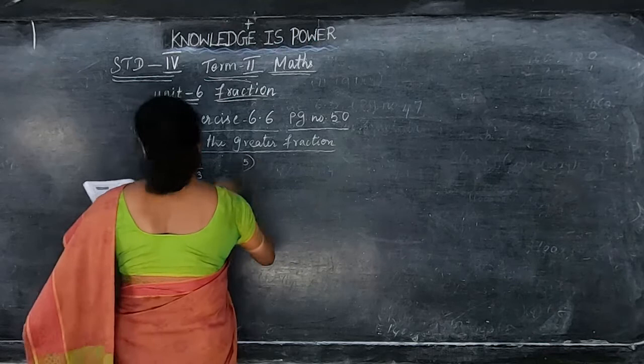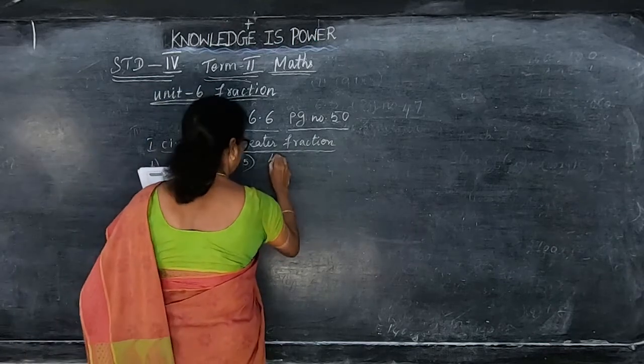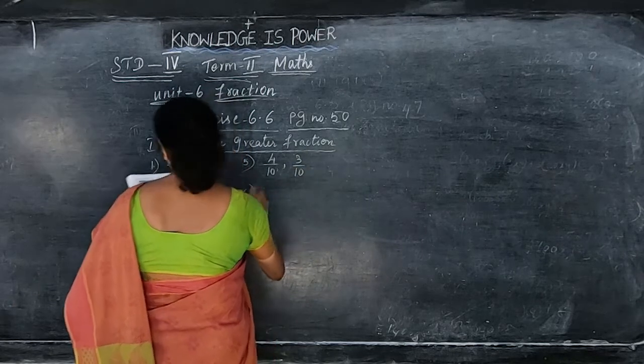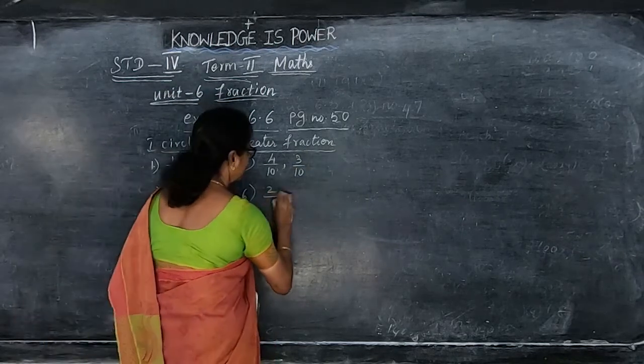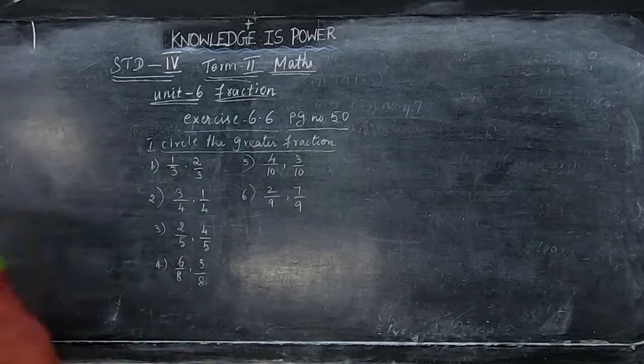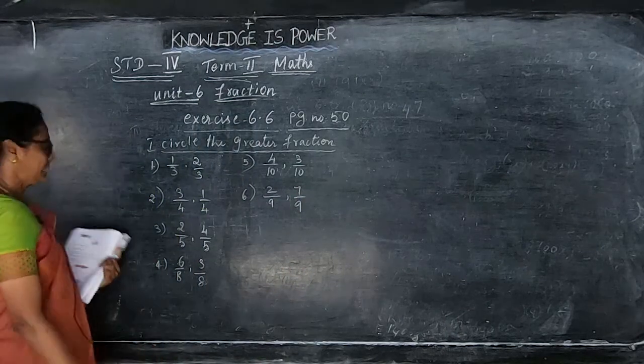And fifth sum 4 by 10, 3 by 10. And sixth one 2 by 9, 7 by 9. So in this you have to circle the greater fraction.